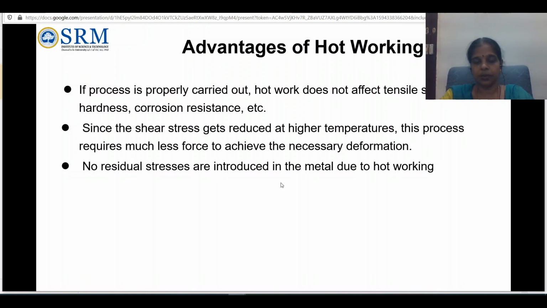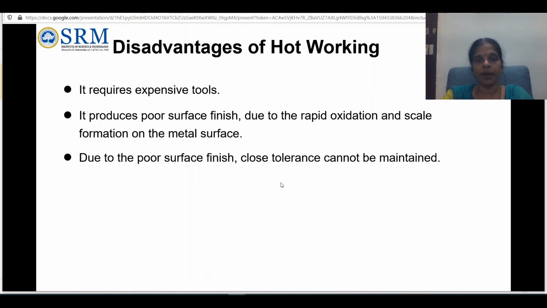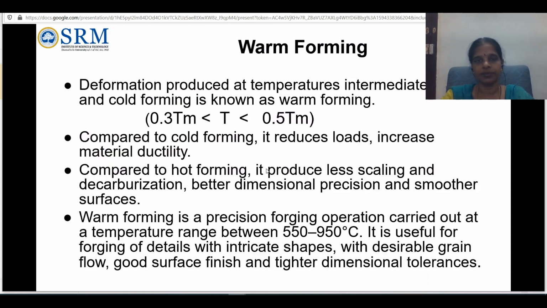There are no residual stresses because we are just heating it, improving its ductility, and then applying force. The drawback is that it requires some expensive tools and produces a poor finish because of scaling and oxidation. Because of that, we may not find close tolerance.